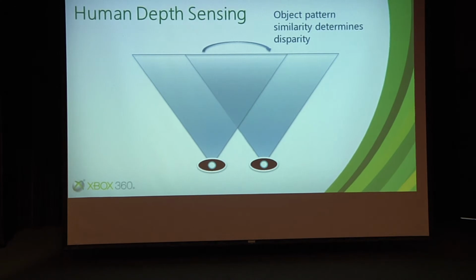The way 3D depth sensing works is very similar to the way human visual 3D sensing works. Most of us have 2 eyes, and the image that comes across to our left eye is slightly phase shifted from the image that comes across from our right eye, because they're a little apart.